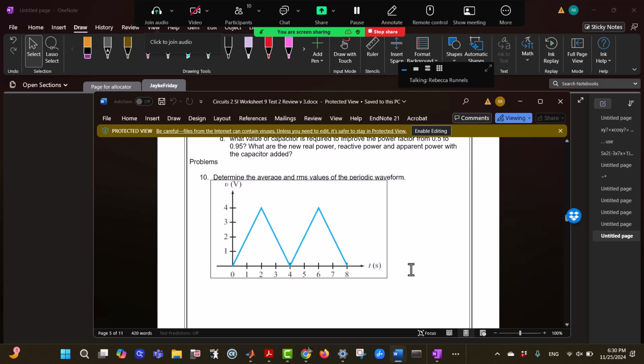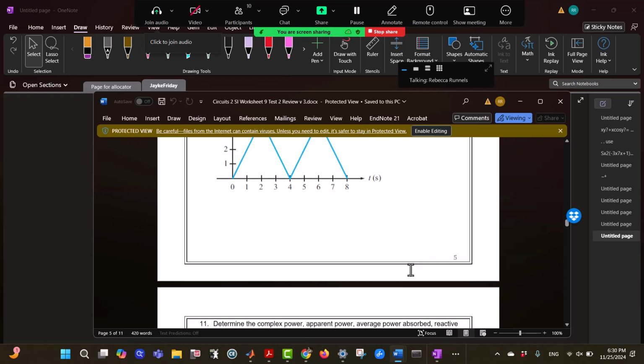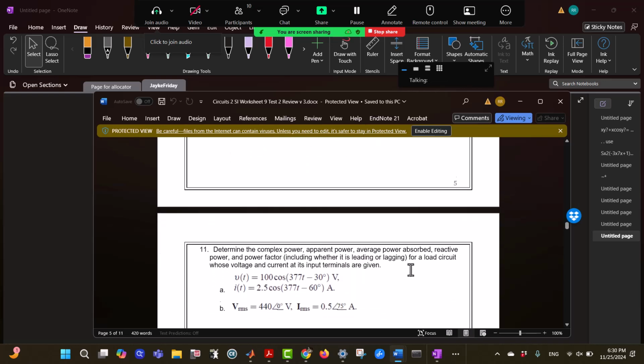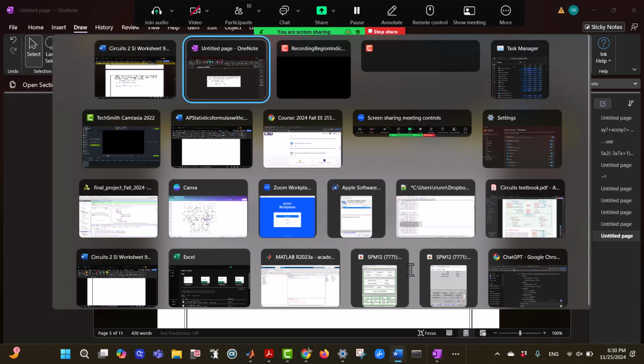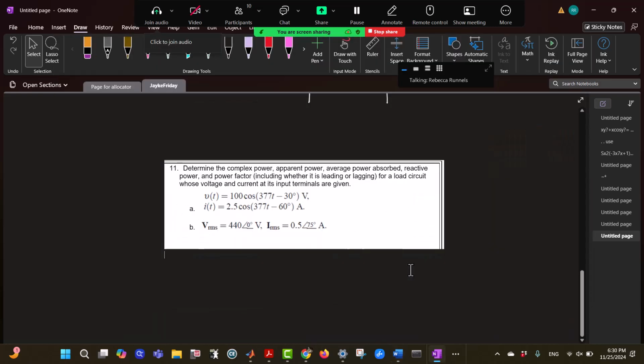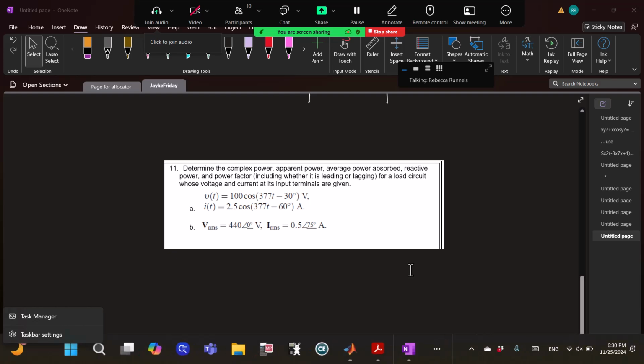And for this one, the average value is 2 volts, and the RMS value is 2.31 volts. Okay, so now on to number 11. Can Zoom people see my screen that has the problem on it, number 11?